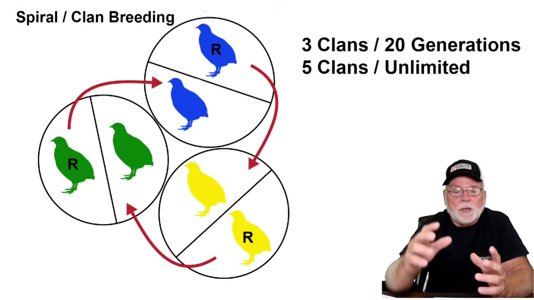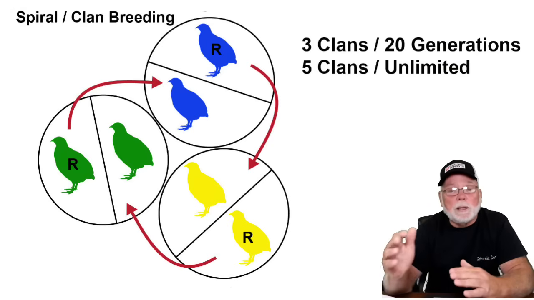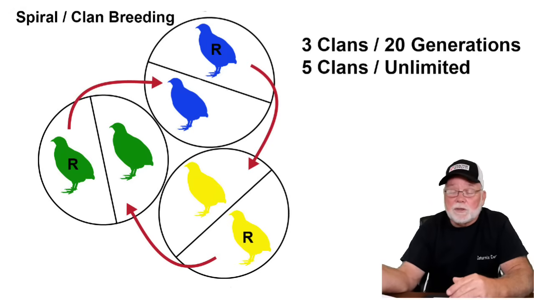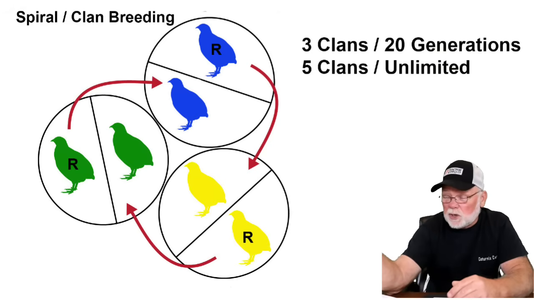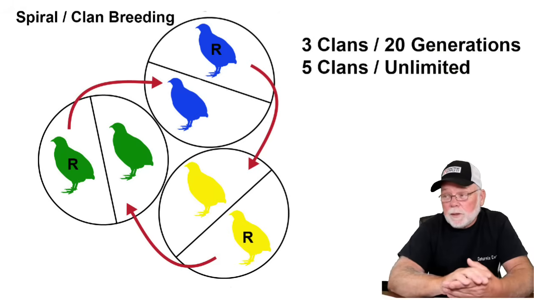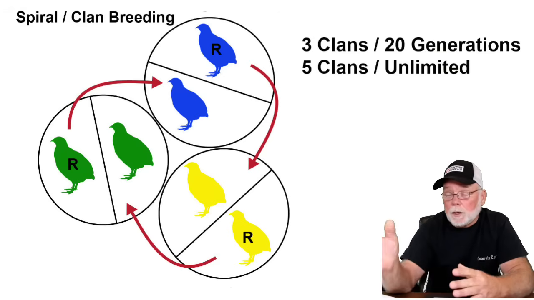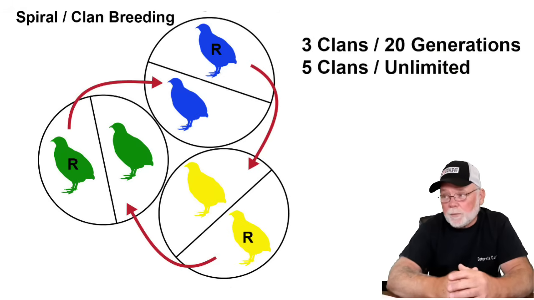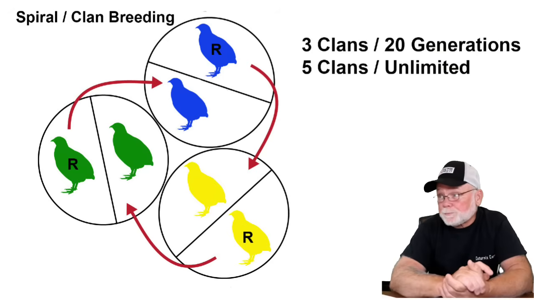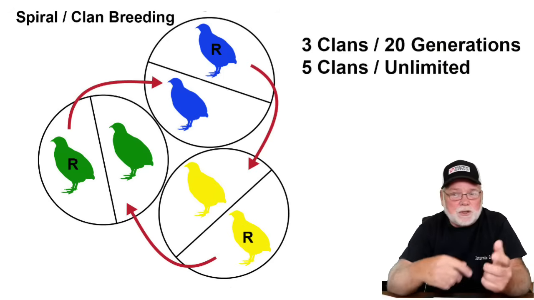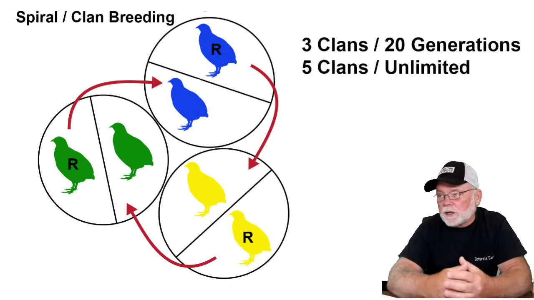For the roosters, you want to select preferably one that's better than the father, because that rooster is going to be passed on to the next group. In this case, the blue rooster is going to go down into the yellow hens group, and then the yellow rooster is going to go over into the green hens group. It's just a continual cycle over and over again.